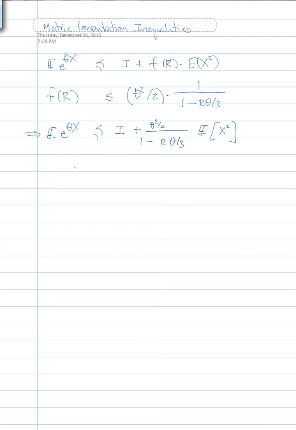And now, using the identity 1 plus a is less than or equal to e to the a, and again we have to argue why the semi-definite order is preserved, I get that this in turn is less than e to the theta squared over 2 divided by 1 minus r theta over 3 times the expected value of x squared. And this is exactly what we wanted to show.